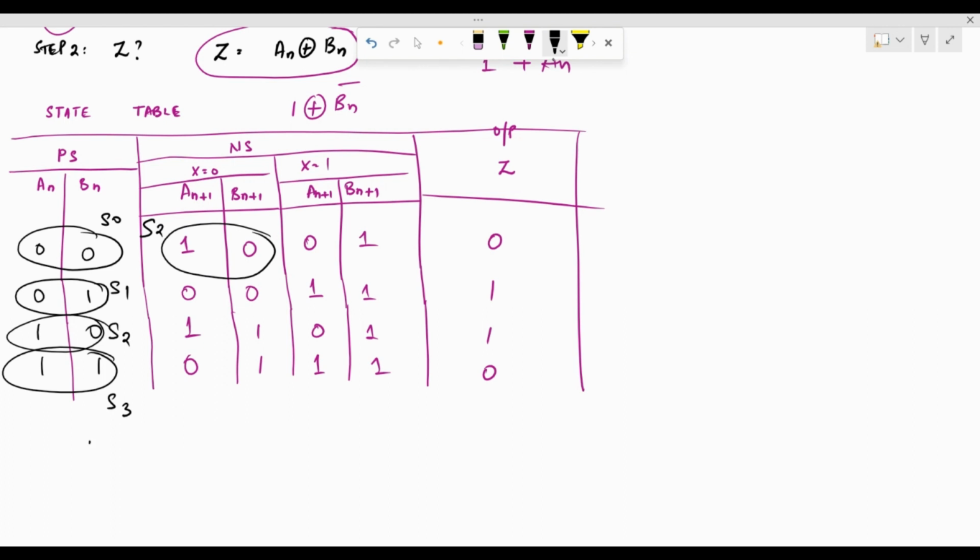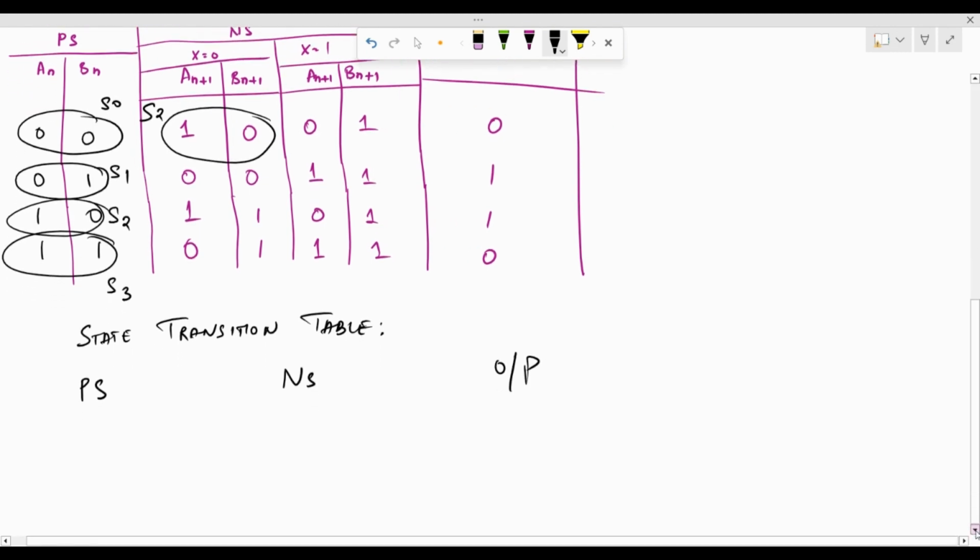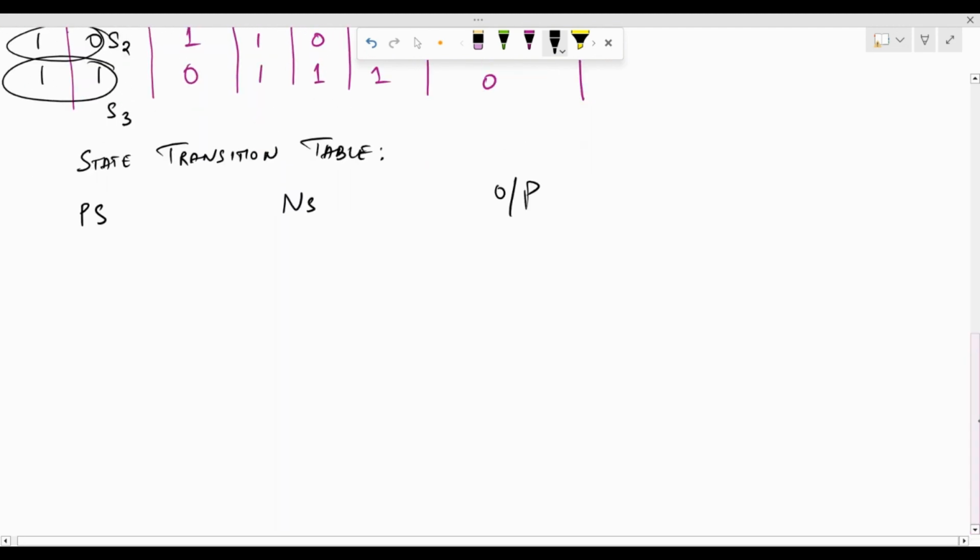So in that case, I would get something called the state transition table, right? So when I do this, I will have the present state, the next state, and the output. So here again, I can obtain the present state as S0, S1, S2, and S3.